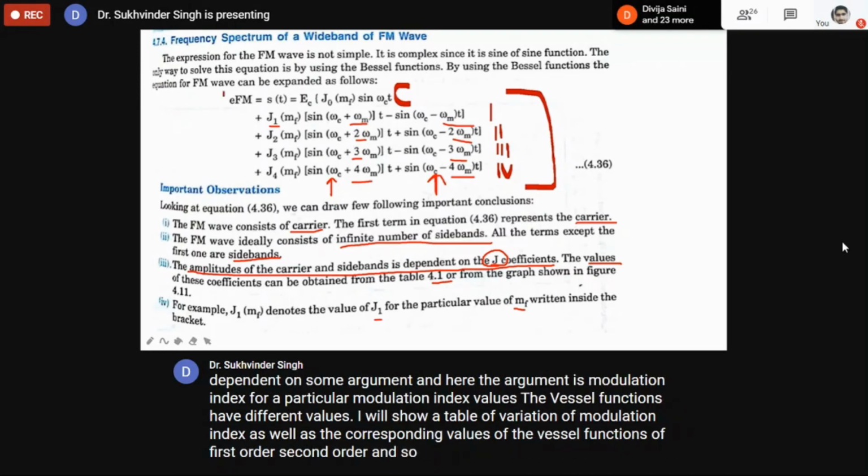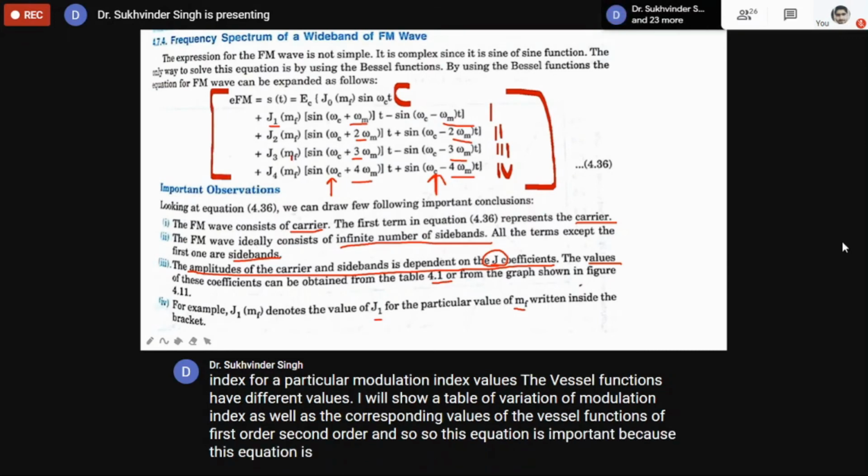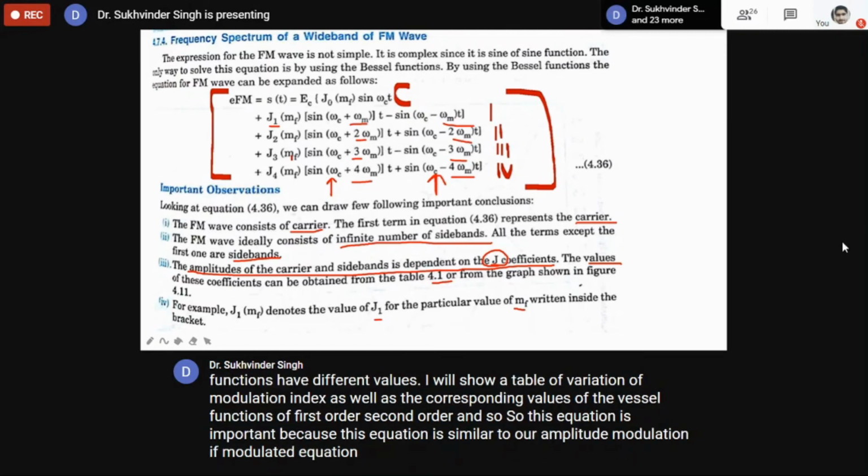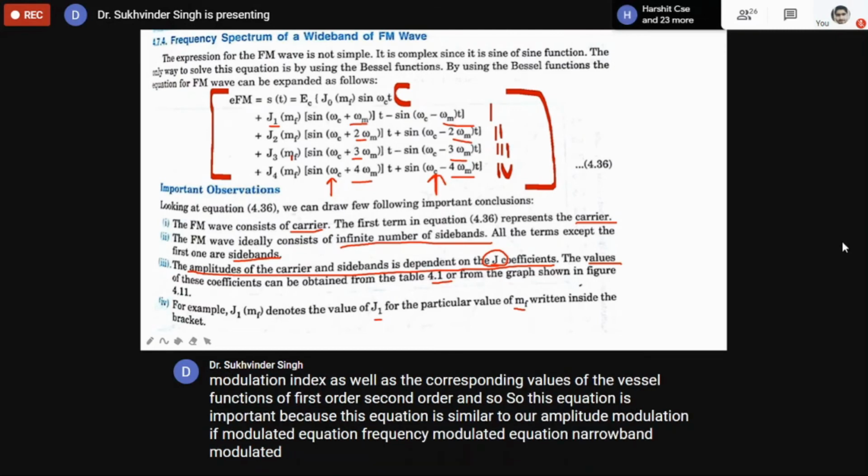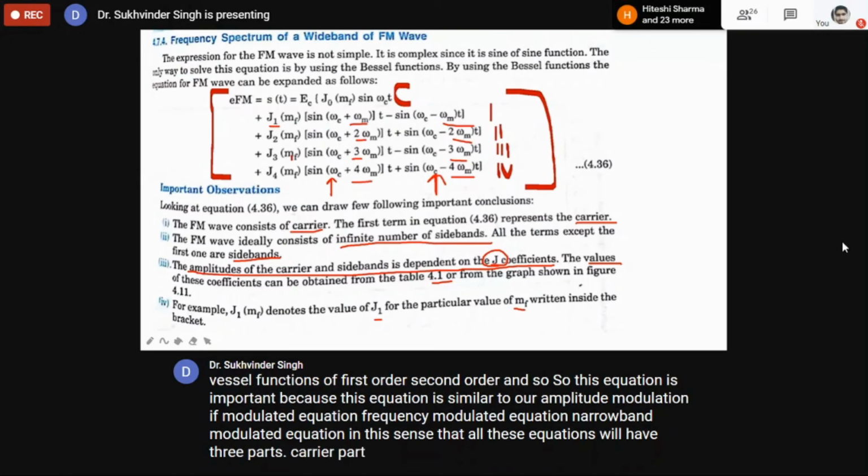So this equation is important because this equation is similar to our amplitude modulated equation, frequency modulated equation, narrowband modulated equation, in the sense that all these equations will have 3 parts: carrier part, the upper sideband part, lower sideband.